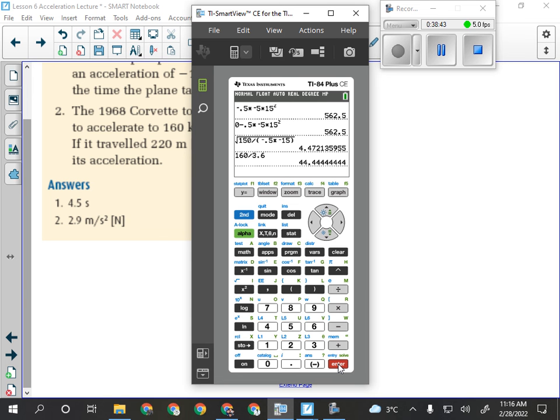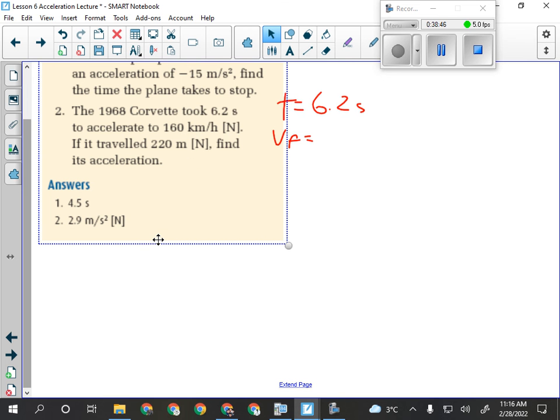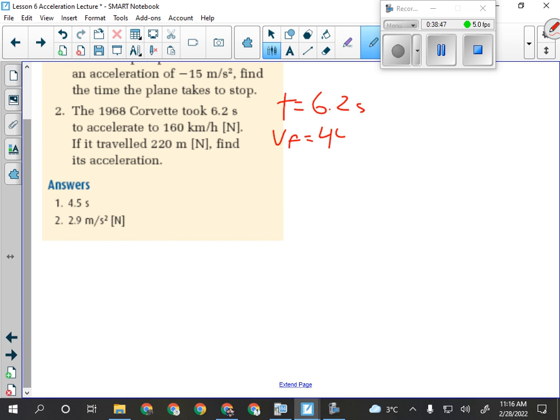All right, so we're looking at 44.4 meters per second. And it could do that in 220 meters, which is probably like a quarter mile. D equals 220 meters. All right, so we need to find its acceleration.